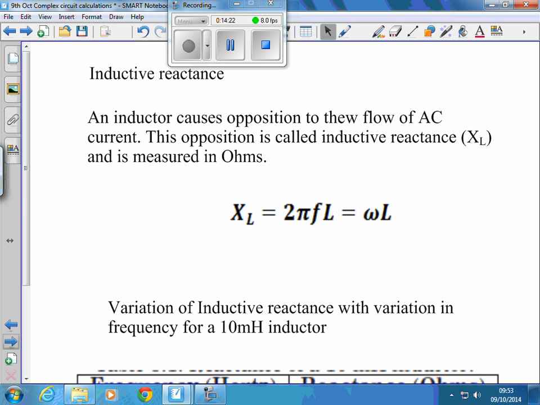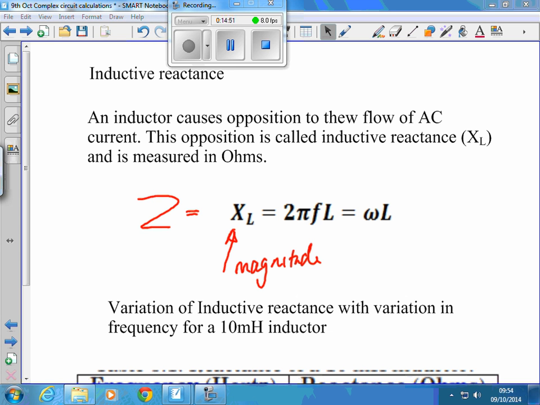Inductive reactance. So we've got this effect: the inductor causes the out of phase relationship. And the inductor has an impedance Z, where its magnitude is the inductive reactance XL.